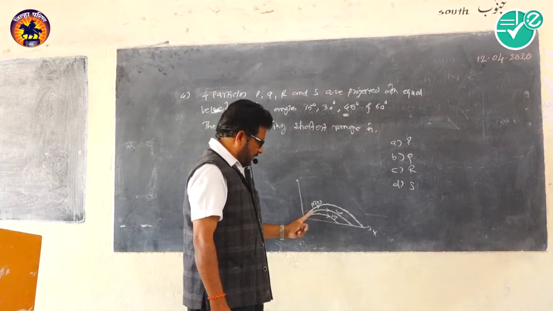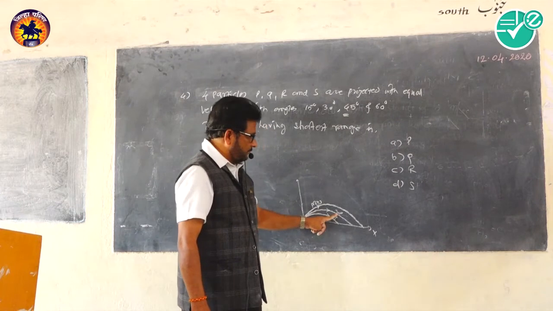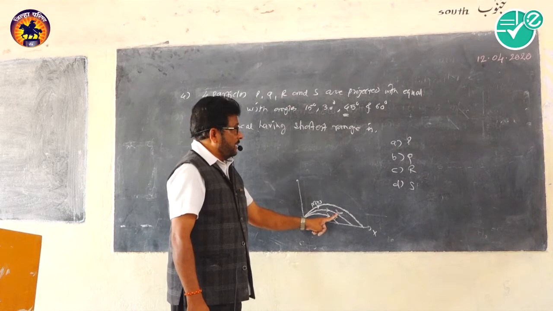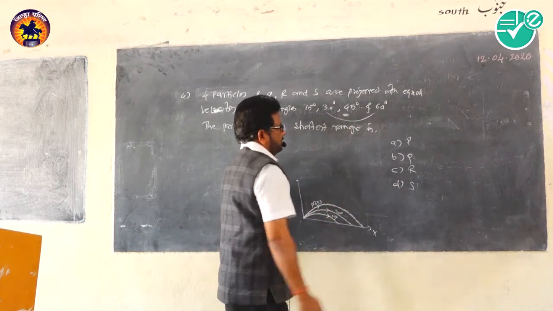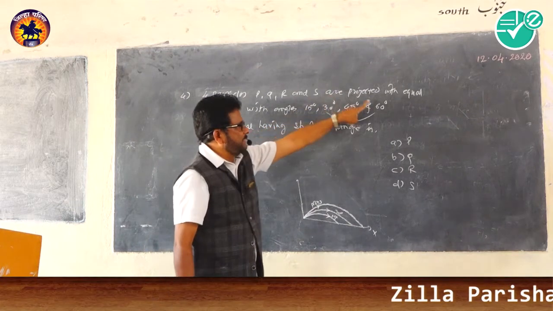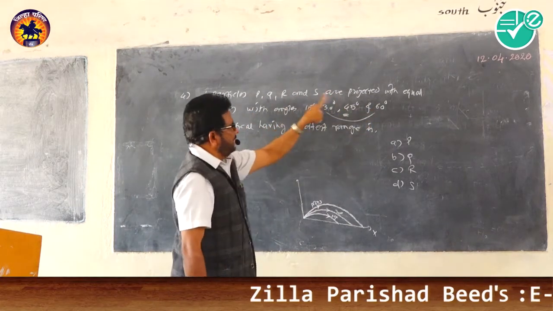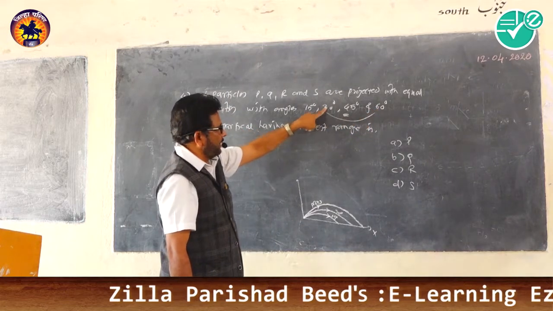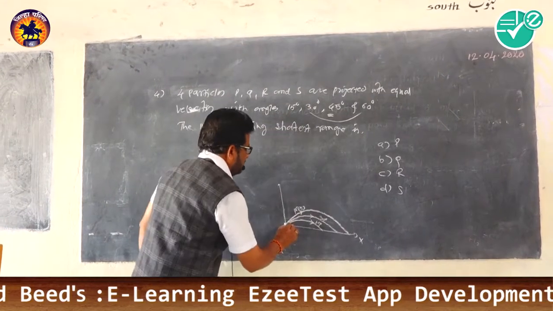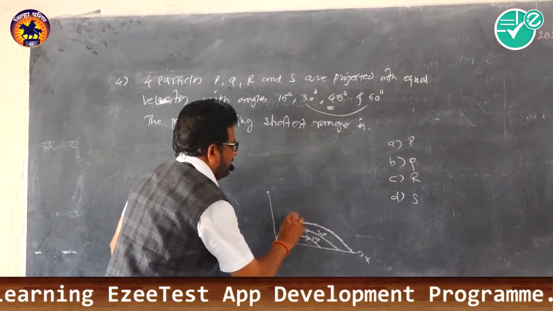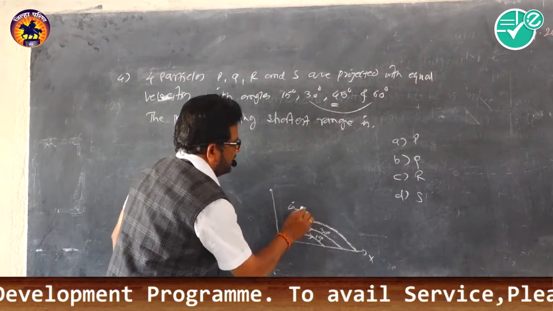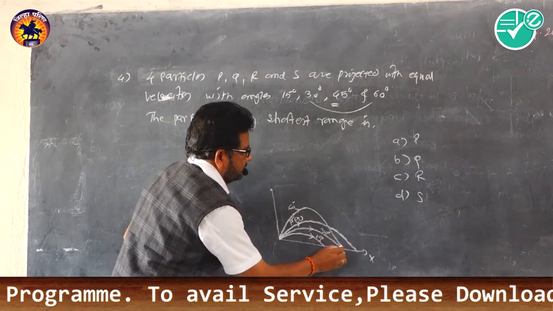Here, this is the range for the particle having angle of projection 30 degree. These two angles, 30 and 60, are complementary angles, and therefore the range of particle S is the same as that of the particle having angle of projection 30 degree.